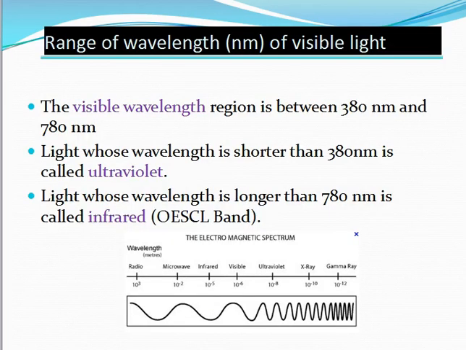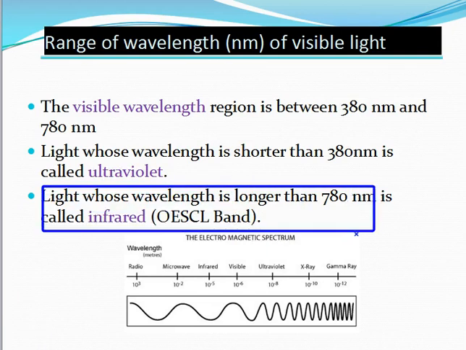These are the wavelength ranges for visible light, ultraviolet and infrared also. Ultraviolet is the region with wavelength shorter than 380 nanometer, and the infrared is for wavelength longer than 780 nanometer. So our fiber optic wavelength basically falls into this range.